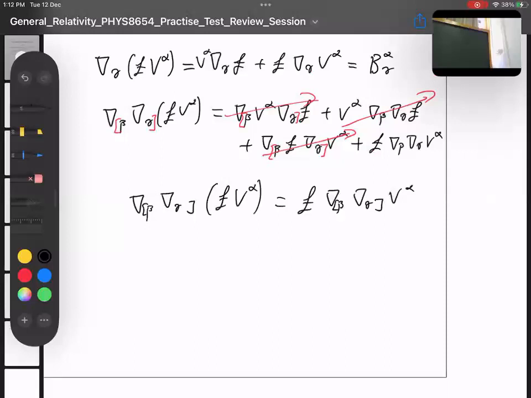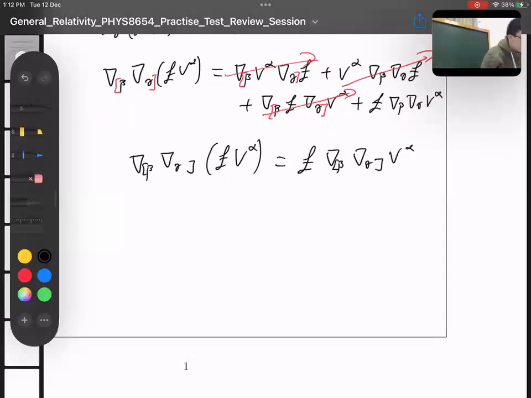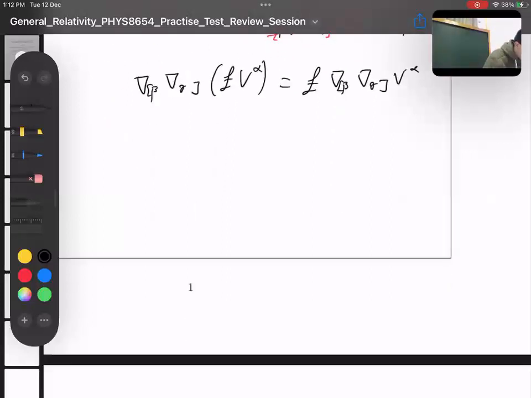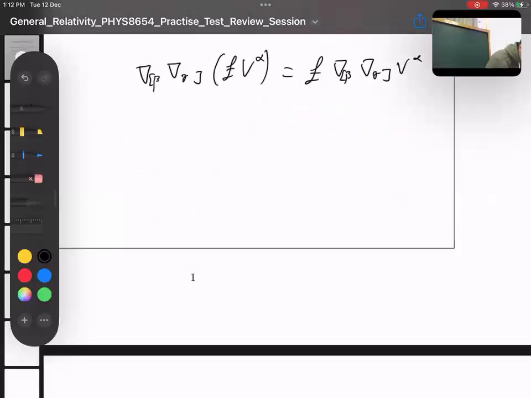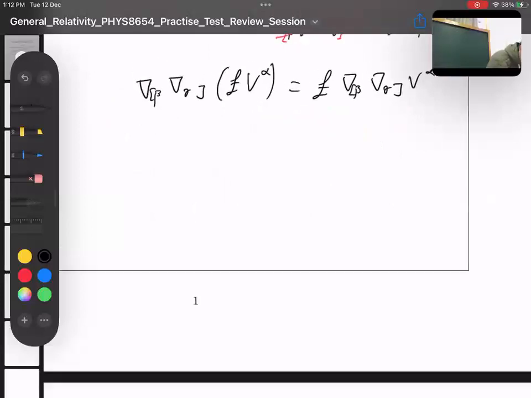So this is the only tricky part that we have to do. This is the next step. What we have to do in the next step is to actually compute this term, and this is not very easy.